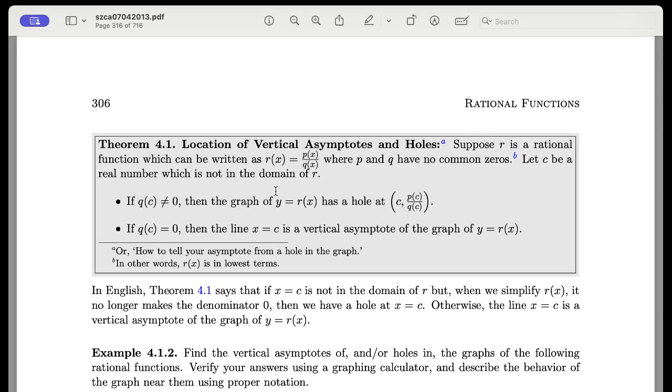Suppose R is a rational function, which can be written as R of x is P of x over Q of x, and P and Q have no common zeros. Now that means that we don't have a hole. Then let c be a real number which is not in the domain of R. So if the bottom function Q at c is not 0, then the graph has a hole.